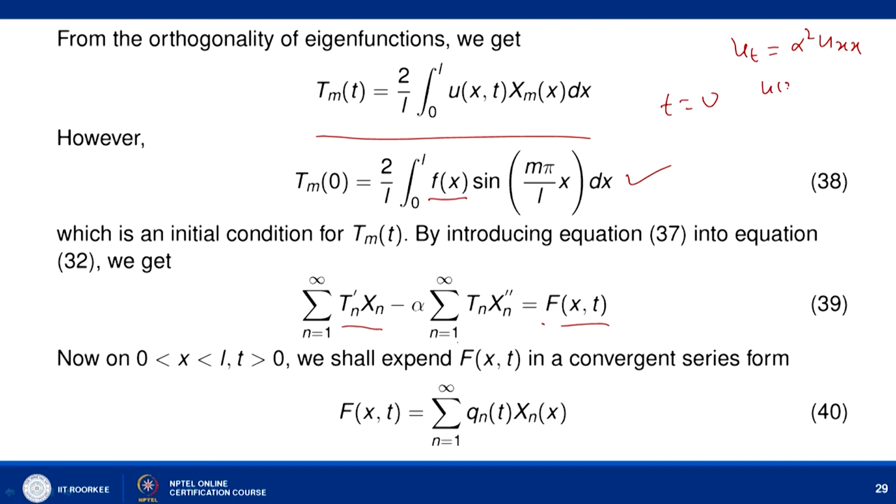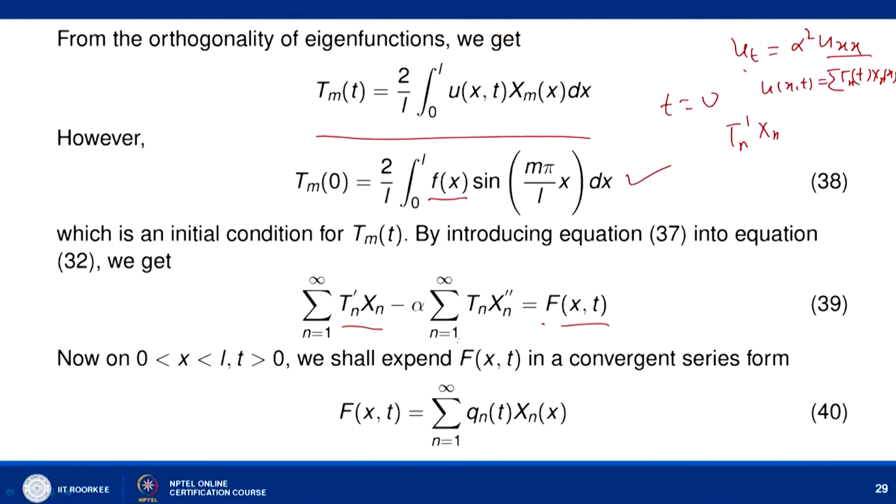Now u(x,t) is what? u(x,t) is the summation T_n(t) X_n(x). So when you differentiate this, u_t will give T_n'(t) X_n(x), and now here if you find out u_xx, so sin(n pi x by L), if you differentiate it is cos(n pi x by L) into n pi by L, and again if you differentiate then we have a minus sign present. So we have minus alpha sum n equal to 1 to infinity T_n(t) X_n''(x) equal to this.